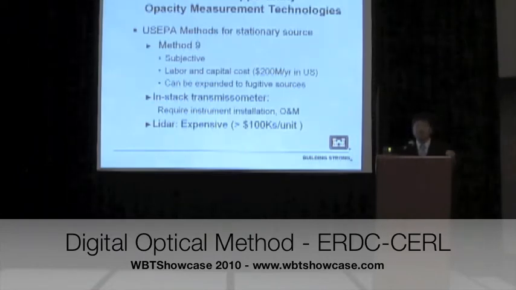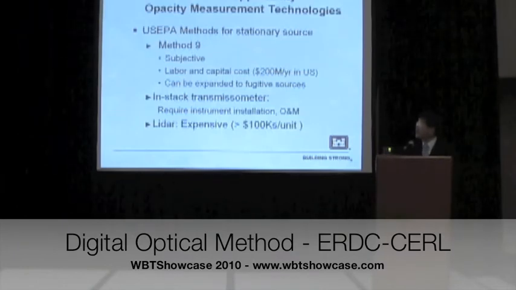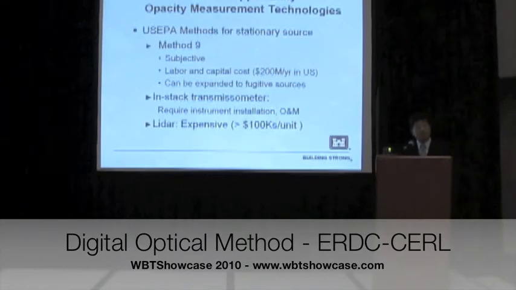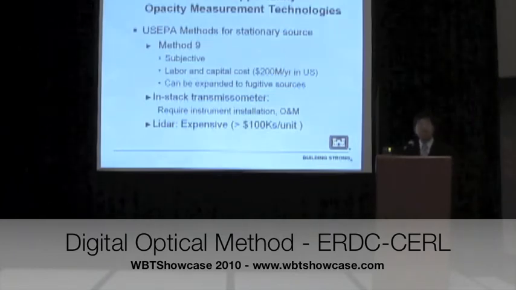Also, you have to recertify your eye perception every 6 months at smoke school. In our DOM methods, we can expand beyond stationary point source. We can even measure the huge PM plumes, particulate matter plumes.